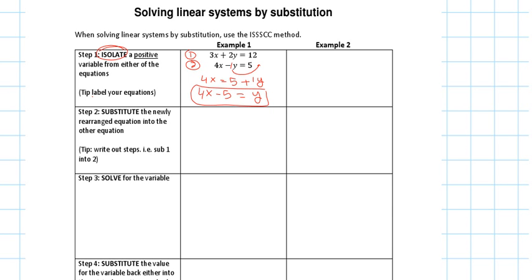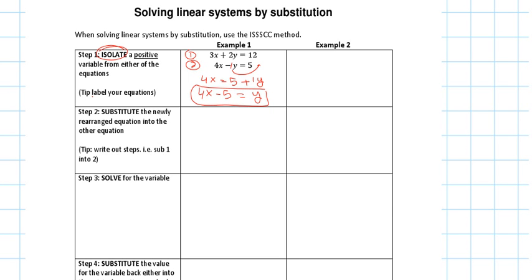Why did I not isolate that 4x and just divide by 4? Again, there is a number in front of the x, and I'm going to end up with fractions. So I'm going to look for the variable that has a 1 in front of it. Now I know that y is equal to 4x minus 5.